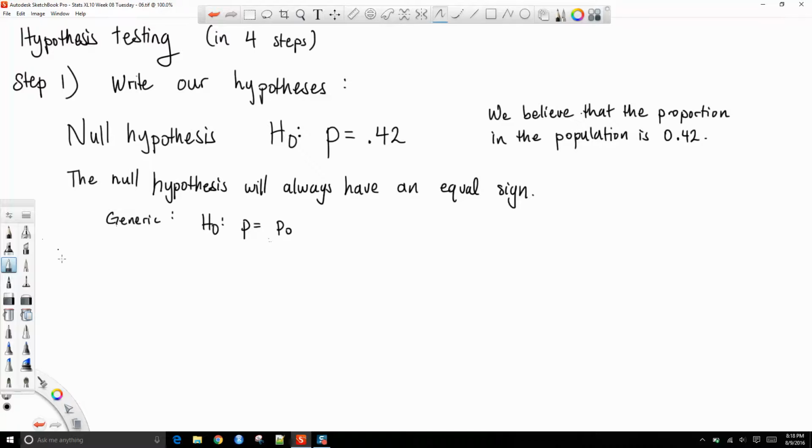And then we have the alternative hypothesis. The alternative hypothesis is identical to the null hypothesis, except we replace the equal sign with either a not equal sign, a greater than sign, or a less than sign, okay?